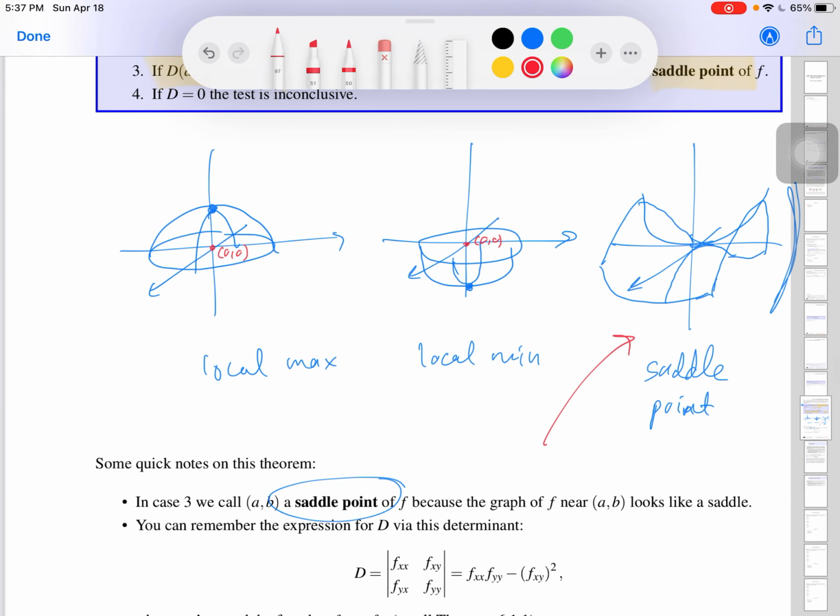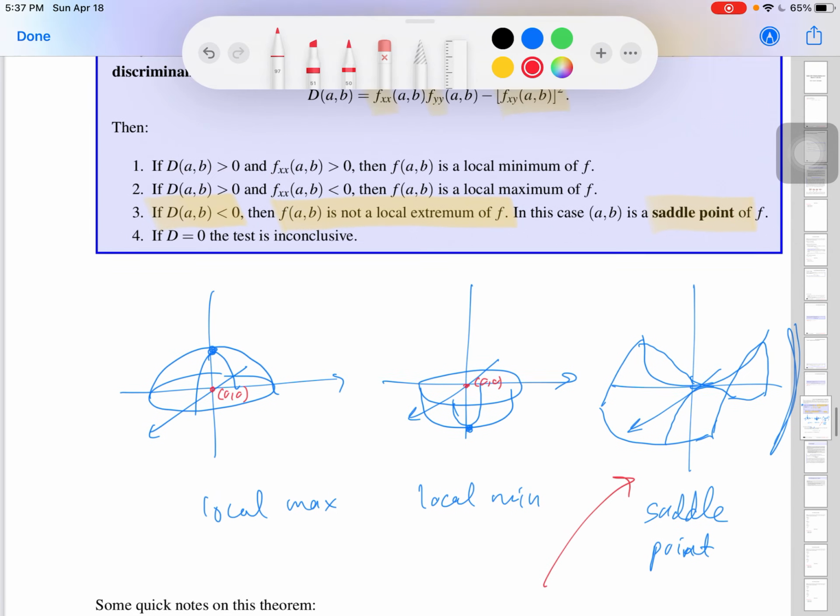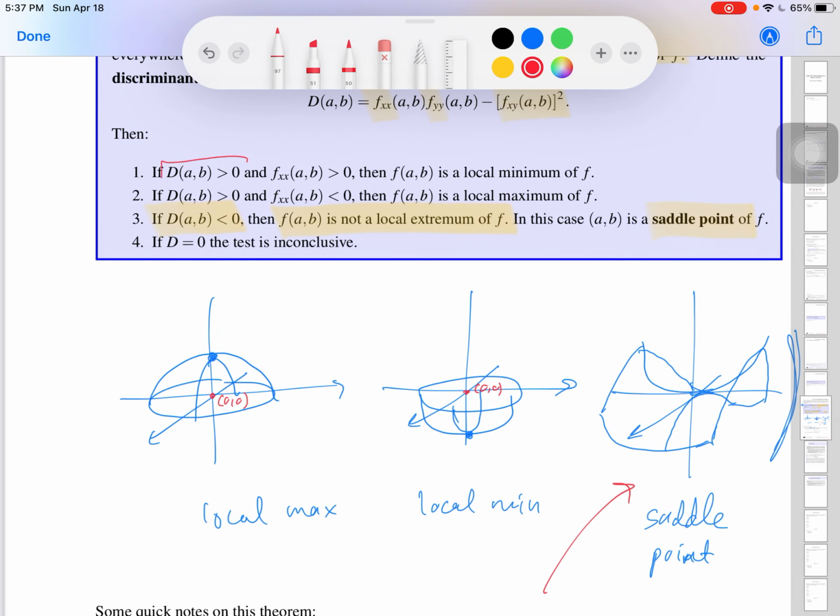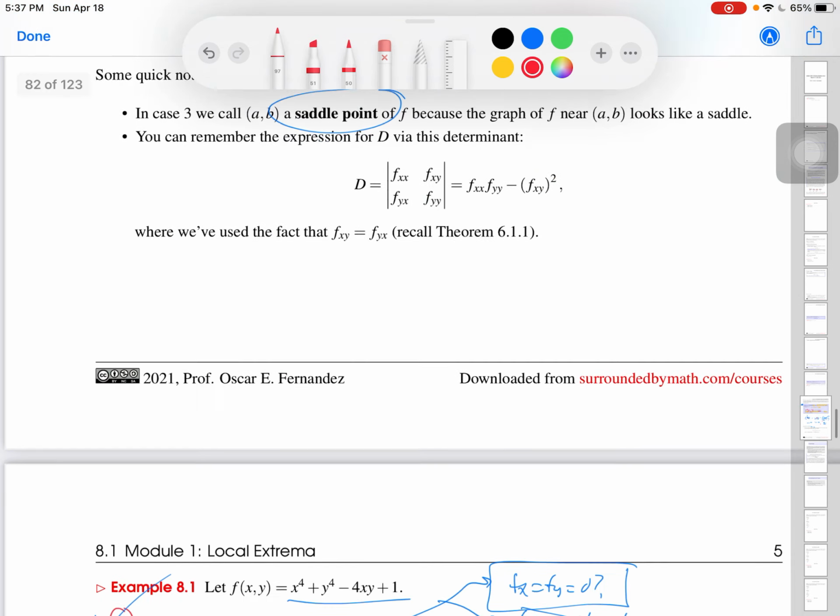Okay, next one, we have gotten two other discriminant values, and they are both positive. The problem is that I need to check now the fxx values, because depending on whether they're positive or negative, that will classify as local max or min.